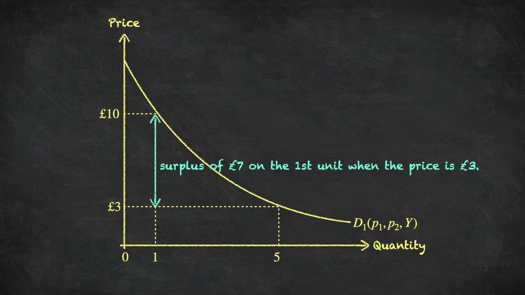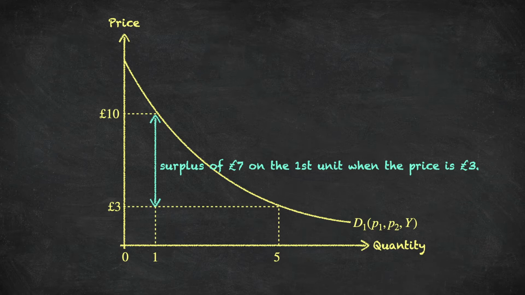Now we can see that the consumer is willing to buy 5 units of good one when the price is £3. The first unit they buy, essentially they would have been willing to pay £10 for that 1 unit. We say the consumer gets a surplus of £7 on this first unit when the price is £3.